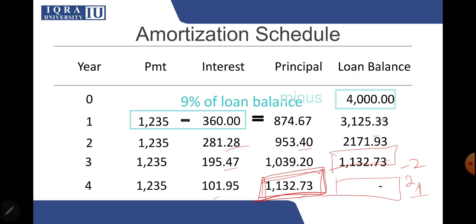So your loan balance will be zero in that case. Okay, but if the difference is very large, if it's, let's say, 100 or something, then that is not a rounding off error. It means you have done some mistake. This should be close to zero, or if it's exactly zero, then that's perfect. If you do it on an Excel sheet, it will come exactly zero.